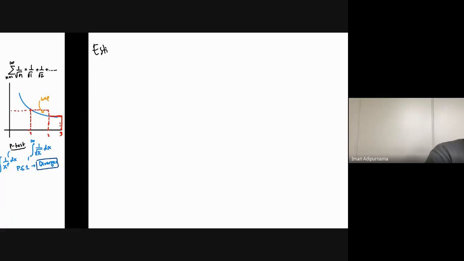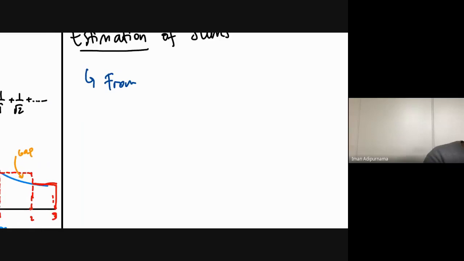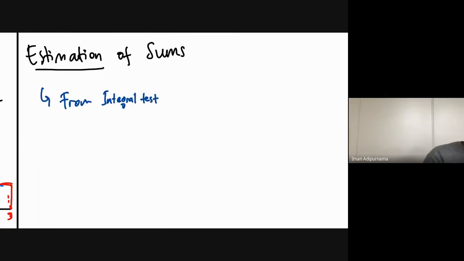So, estimation of sum. From the integral test, it can show that the series is converged or diverged.